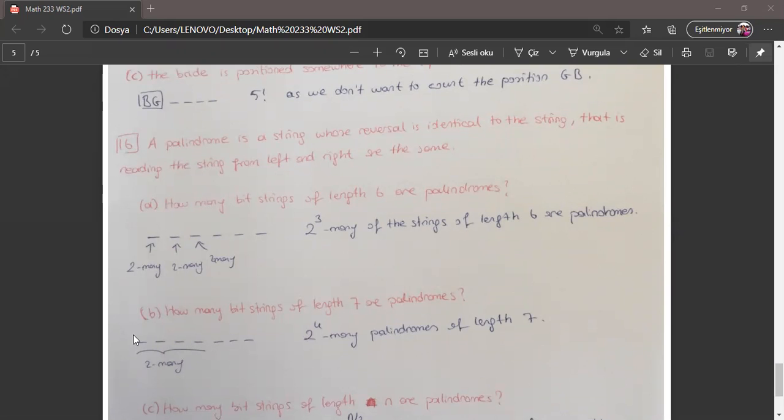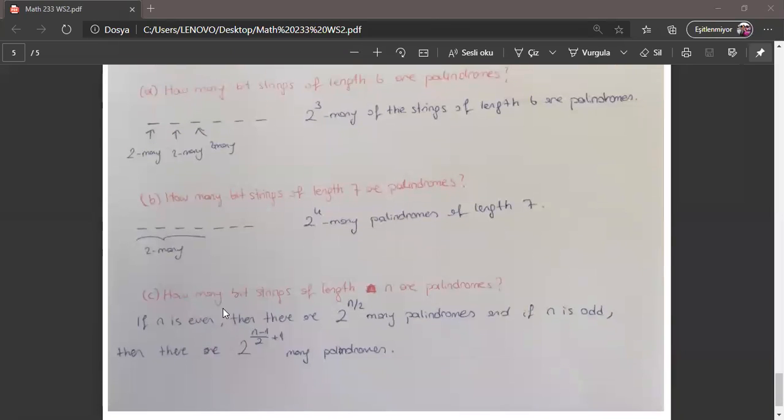Now the first 3 digits will determine the last 3, and the middle one can take any of the values, 0 or 1. This will not change anything. So we have now 4 digits to choose. So we have 2 to the 4 palindromes of length 7, because each one can again take 0 or 1.